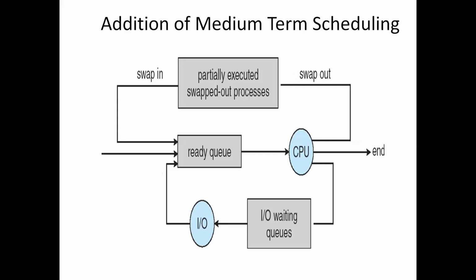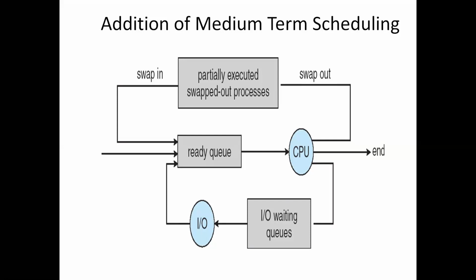By using this medium term scheduling, we can remove the processes which are in the ready state from the main memory. We can put that back to the ready queue again. That can be done by using the medium term scheduler. The process can later be reintroduced to the main memory, and it can continue its execution from where it left off.